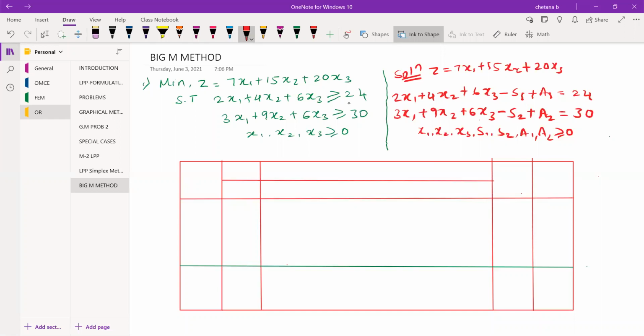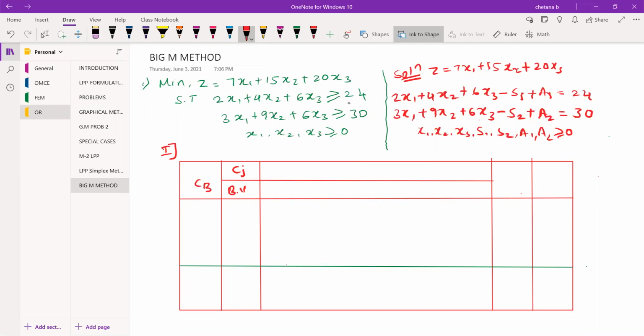Now coming to the first table, that is the initial table. This table remains the same, that is you have Cj, you have the basic variable, you have the coefficient of the basic variable. Then you need to see the coefficients of the objective function.